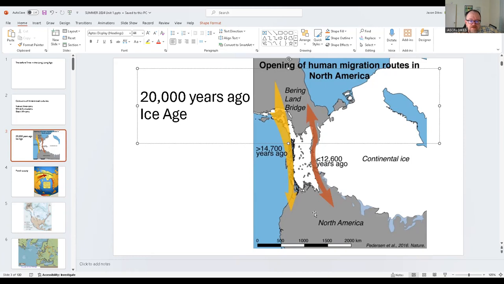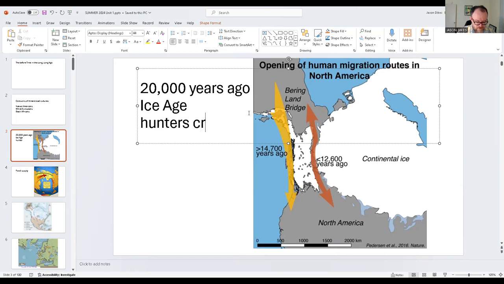At some point, probably, as you can see here, 14 to 12,000 years ago, hunters crossed what is called, you can see here, the Bering Land Bridge, which now, this is the Bering Sea, now covers this. But this is what will one day become Russia over here, and then Alaska over here.